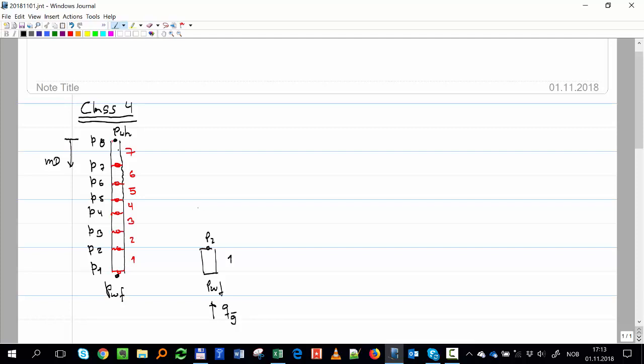Now you look at the next segment. Here you will have the same P2, but at the outlet you will have P3, and this will be segment 2, and so forth. So you have a bunch of other segments until P7, and at the end I have PWH. Okay.